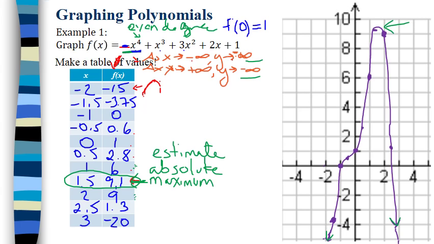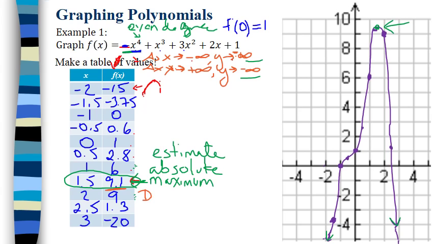And on a graph, we would look at the point that is highest. So when we look at this, the absolute maximum occurs approximately at 1.5. And so it looks like the absolute maximum is 9.1 at 1.5.